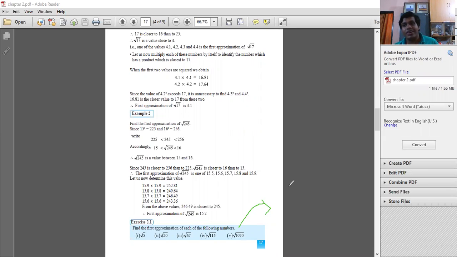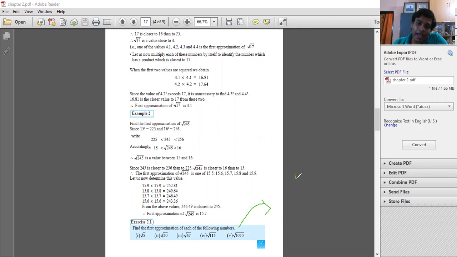Now you should know your values, what the closest squares are to 1070. The issue of this approximation method is that if the number is big, you should know your squares very well.